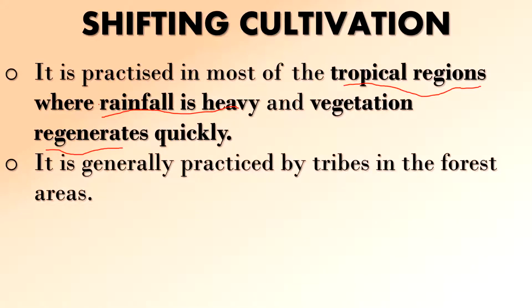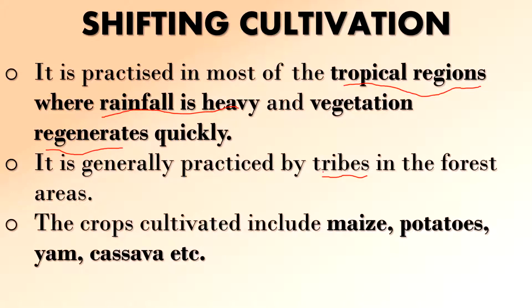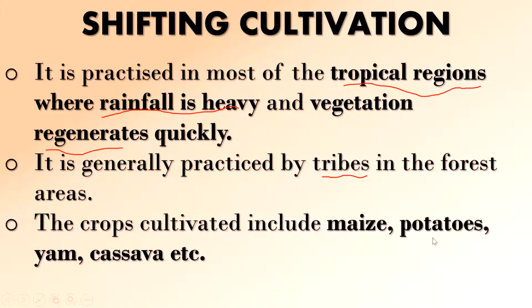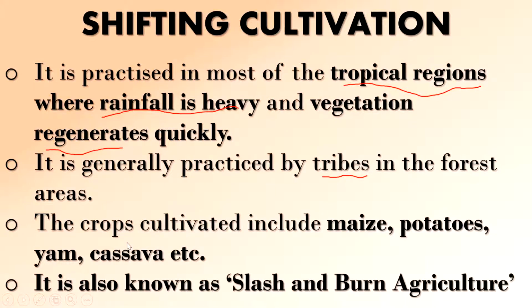Then it is generally practiced by tribes in the forest areas. So it is practiced by tribes. There are different tribes, right? Then the crops cultivated include maize, potatoes, yam, and cassava. Then it is also known as slash and burn agriculture.